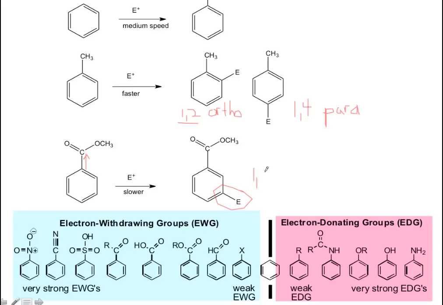This also has another name, called the meta product. As we proceed through subsequent class periods, we will learn how the mechanism can predict that electron withdrawing groups beyond halogens do in fact direct predominantly meta, and the electron donating groups direct almost exclusively ortho-para.